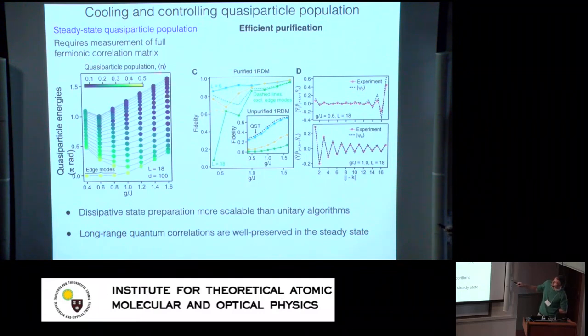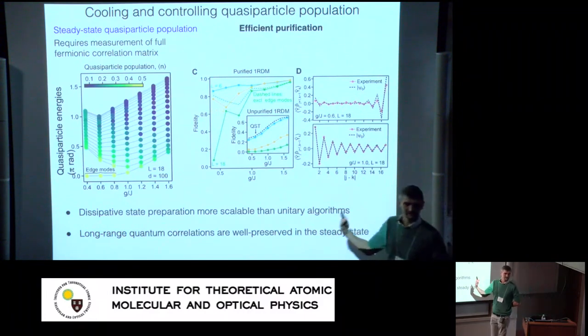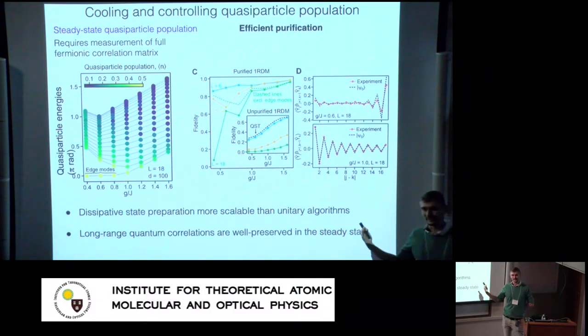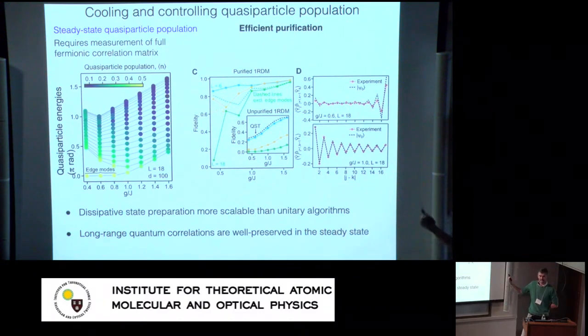What you see quite generally here is that this protocol is good at removing high-energy quasi-particles. There is still some quasi-particle population left at lower energies. This happens because this cooling protocol is not perfectly efficient, but it has the advantage of being relatively fast, so it's not bad at battling the noise.